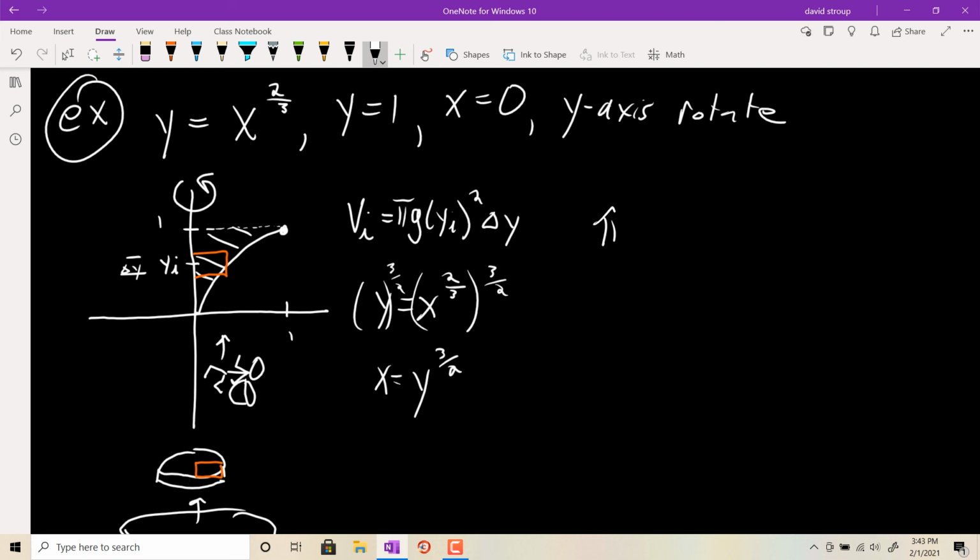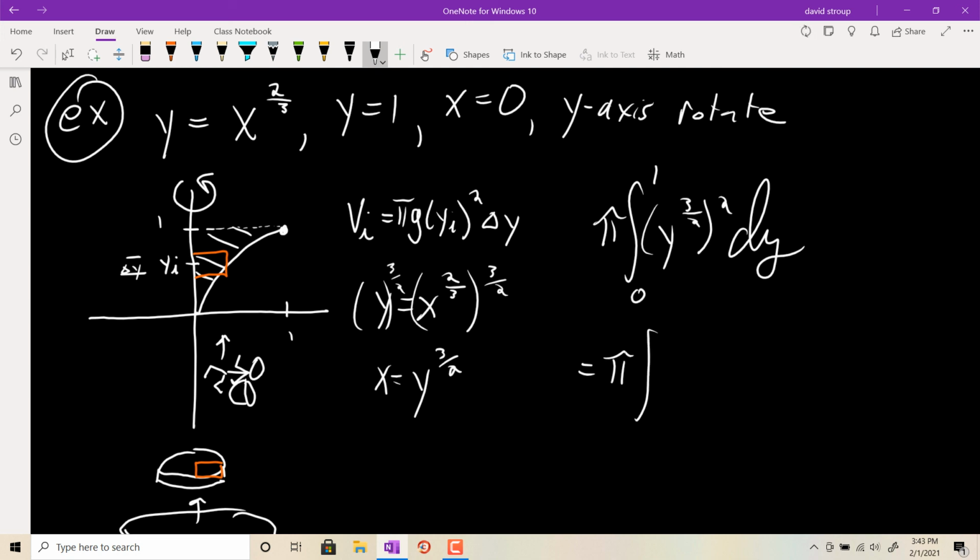So you'll have pi integral of y to the 3/2 squared dy, and it looks like we're going from 0 to 1 on the y-axis. Our running man is going from 0 to 1. Okay, so let's go ahead and evaluate that. So this looks like pi times y to the 3/2 squared.